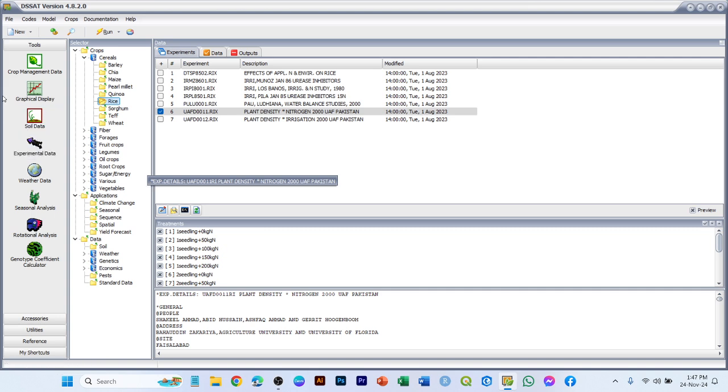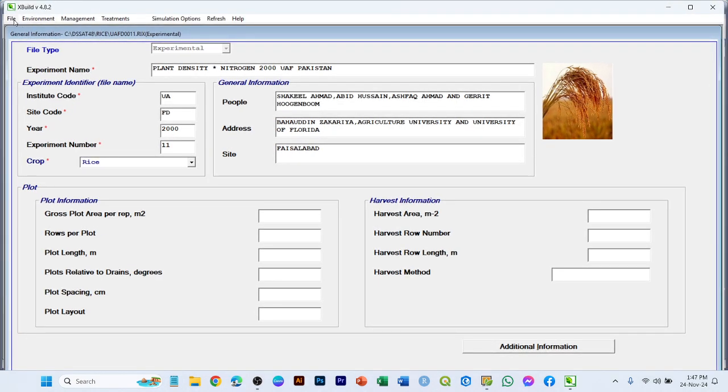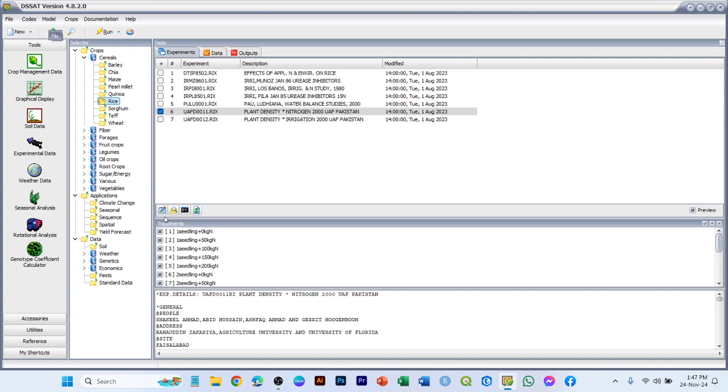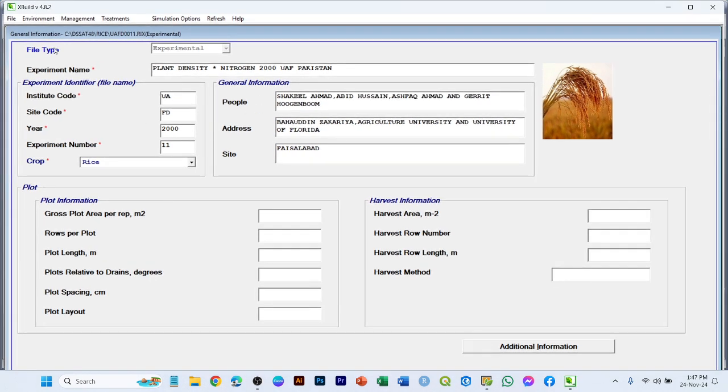For your experiment, you have to put in the experiment name, all the codes, each and everything. You have to follow and manage all these things. At the end, there will be treatments.